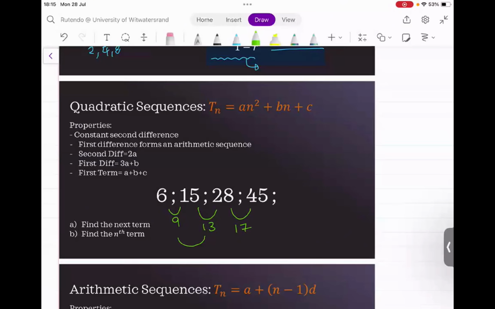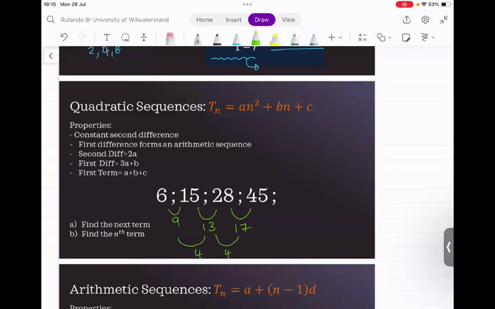So what's the difference between 9 and 13? 4. And then the difference between 13 and 17 is also going to be 4, right? So now bells are ringing in our heads to say this is a quadratic sequence, because this is the one where we have to find a first difference, then we have to find a second difference, okay?